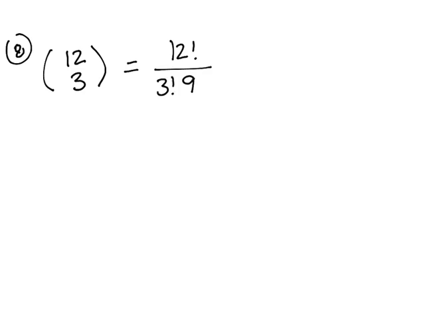Let's do one more. Let's do 12 over 3. So we got 12 factorial over 3 factorial, and the difference is 9. So that'd be 9 factorial. So we're going to walk the top till we get to 9 factorial.